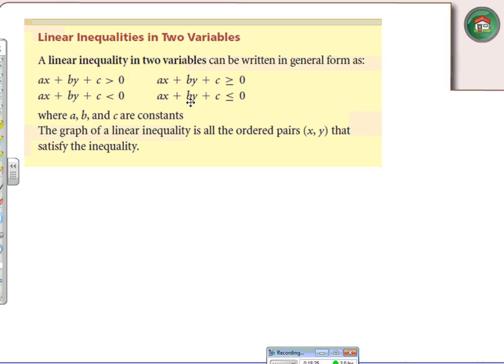So always change it into y less than, equal to, or greater than whatever. So isolate y before graphing. It makes it a lot easier.